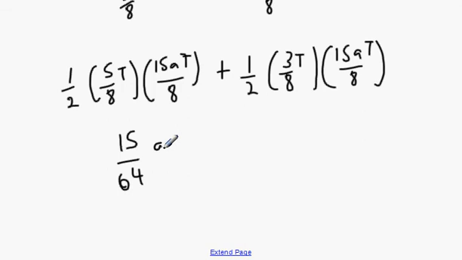The best thing just to do is to ignore the letters and just put the rest of it into your calculator. The second part is going to be once again all over 128. So it's going to be 3 multiplied by 15, which is 45. 45 over 128.